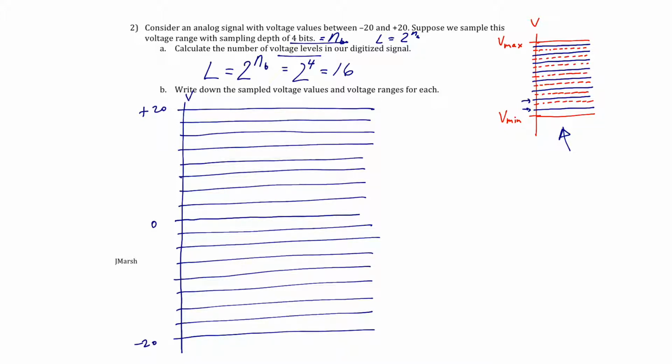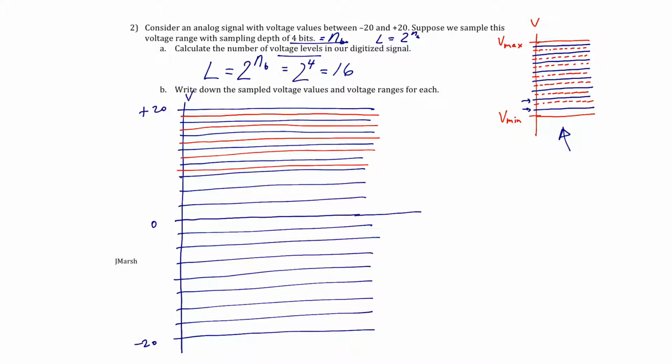Now we've got our voltage ranges, and now we can draw the rounded off values in between them. I'm maybe not going to finish this whole diagram.